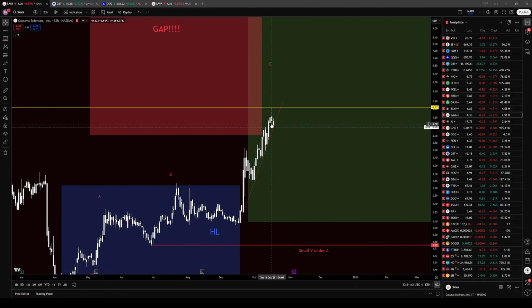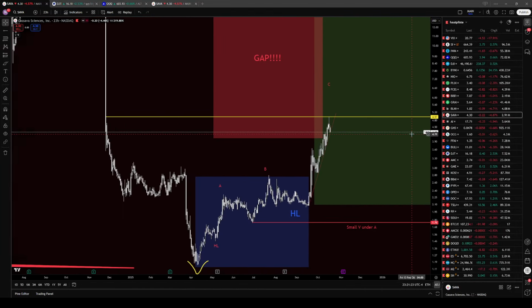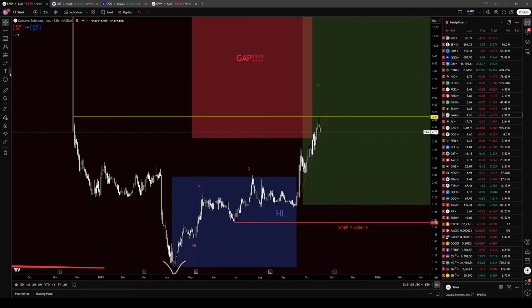So if we are not gap filling on Monday, just do 1% every day or some bullshit like that. Perfect. For the alternative, you would see a run between $6 and $5. This would be a C. And then you go down, bounce at V and A, or you do a new low.